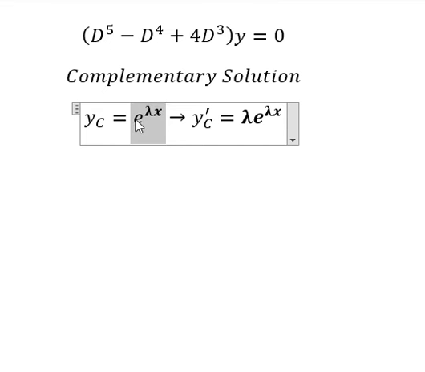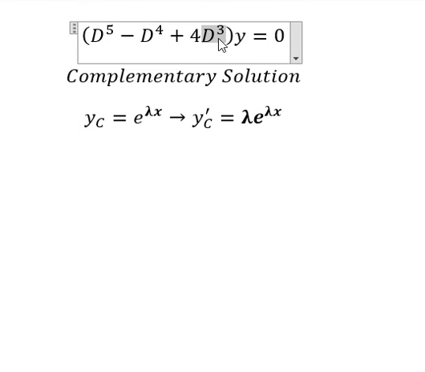Because if I do first derivative of this one, we keep e to the power of lambda s. Later that we do first derivative of lambda s, you got lambda.